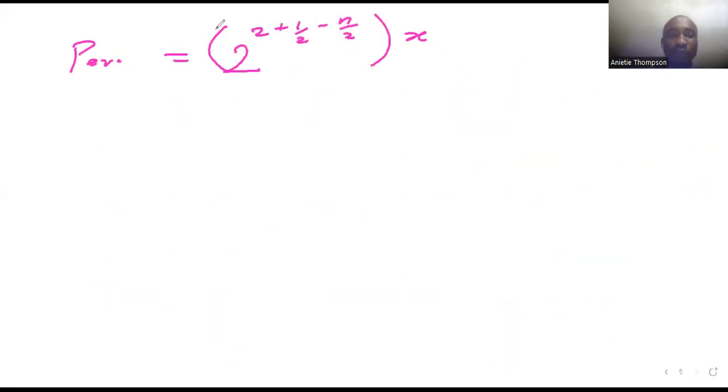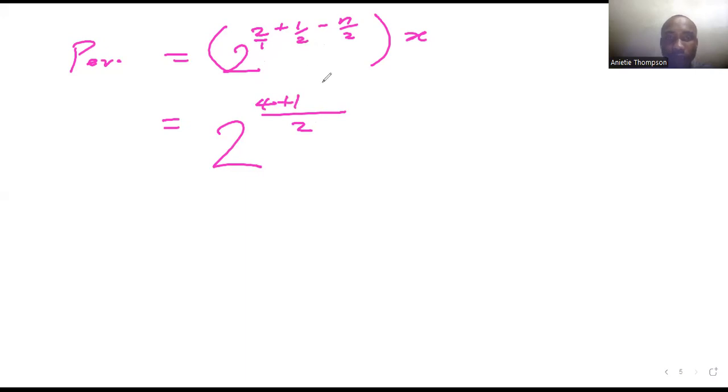Okay. So don't forget I can write this 2 as 2 over 1 to complete a fractional pattern of the index of 2. And then we find the LCM, and the LCM is going to be 2. 2 goes into 1, 2 times 2, 4. 2 goes into 2 is 1 times 1, 1.